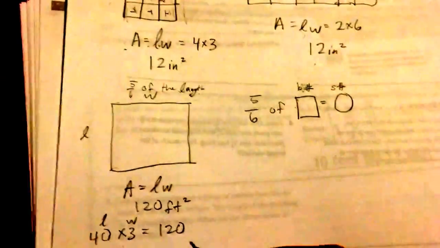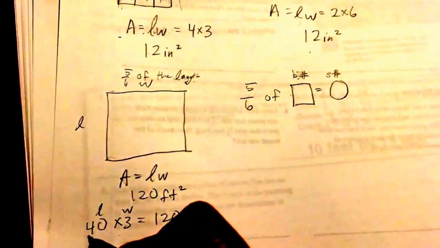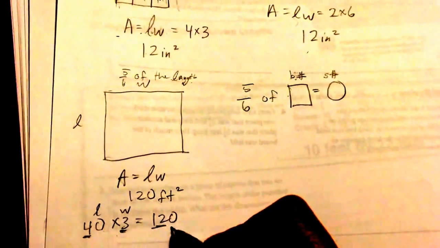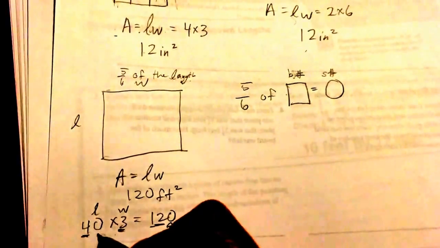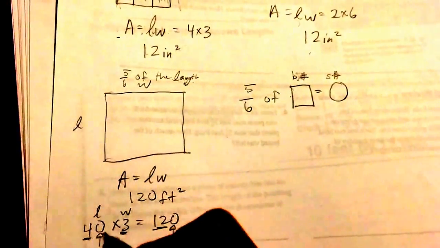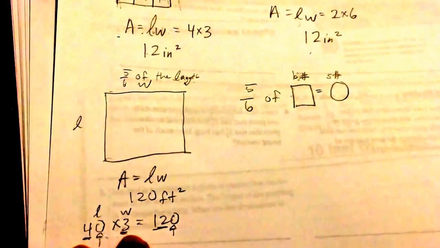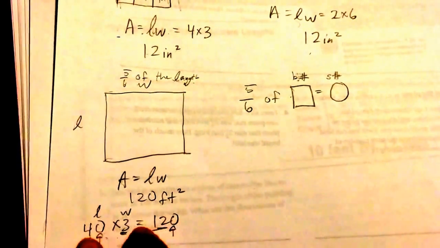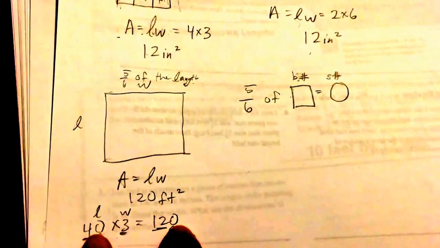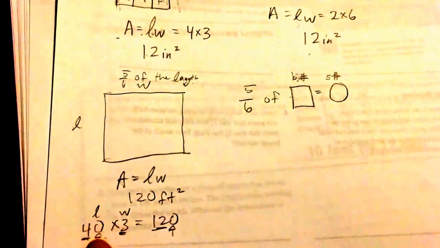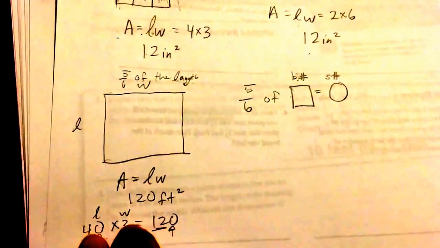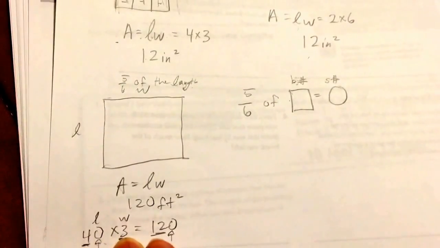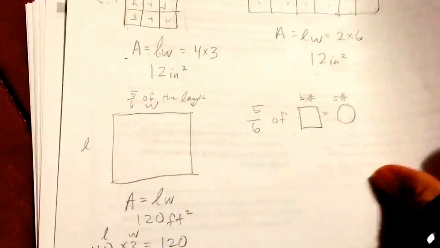I know that 40 times 3 equals 120 because 4 times 3 equals 12, and this extra placeholder 0 is given by that 4 to 40. If I know that 4 times 3 is 12, I could add that extra placeholder 0 to make 120, because it's 40 times 3. Just like 4 plus 4 plus 4 equals 12, 40 plus 40 will be 80, plus 40 more would be 120.